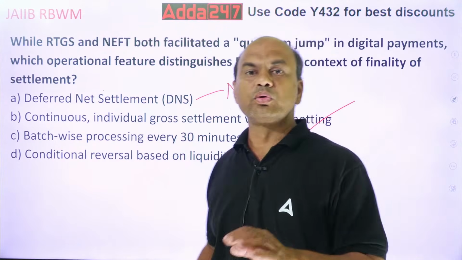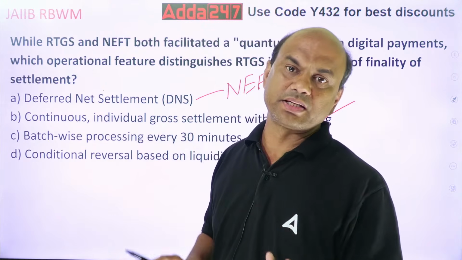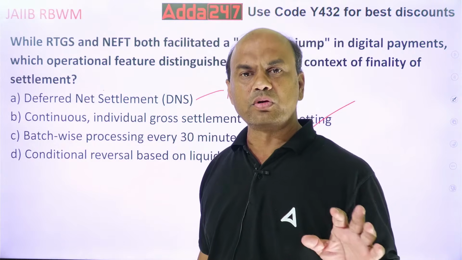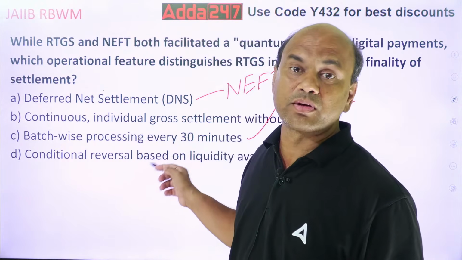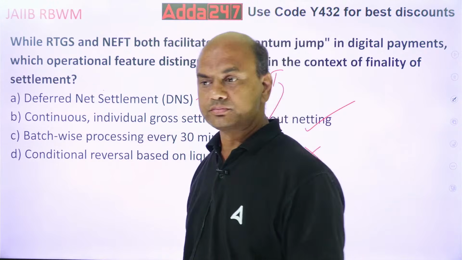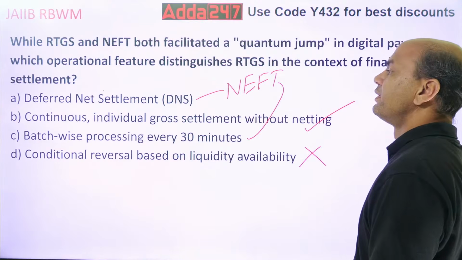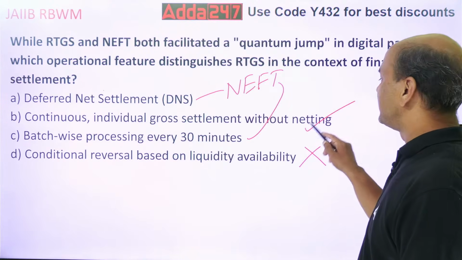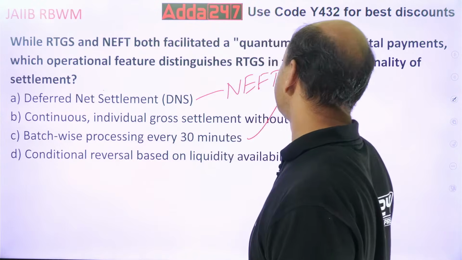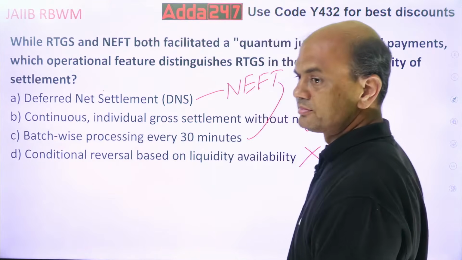You can never reverse the transaction of NEFT, RTGS, UPI, anything. Any electronic mode of payment, you can never reverse the transaction. Never. Clear? So RTGS means continuous individual gross settlement without netting. Got it, everyone?